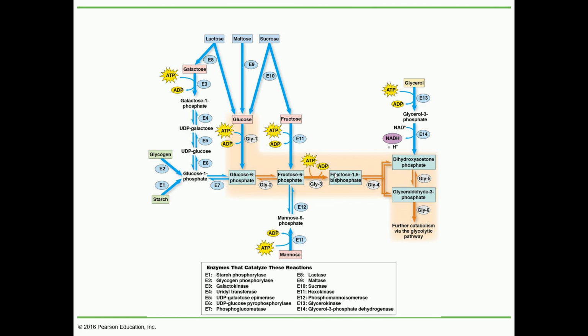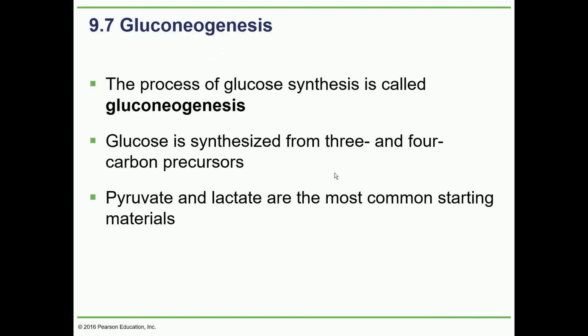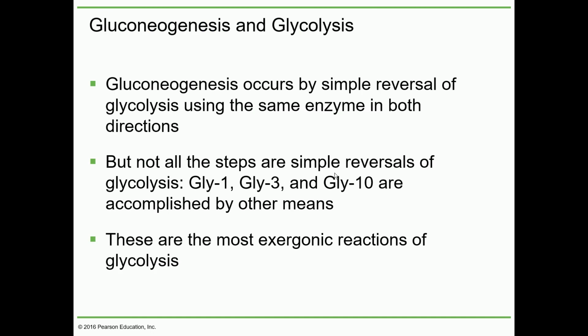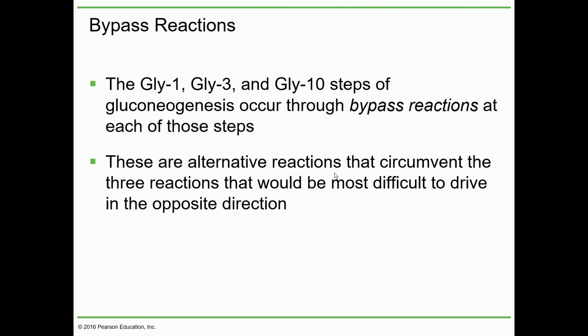The last thing in this topic, I would like to talk about is gluconeogenesis. This is the process by which glucose is synthesized. Gluconeogenesis is basically the reverse of glycolysis, but there are only a few reactions which are different.